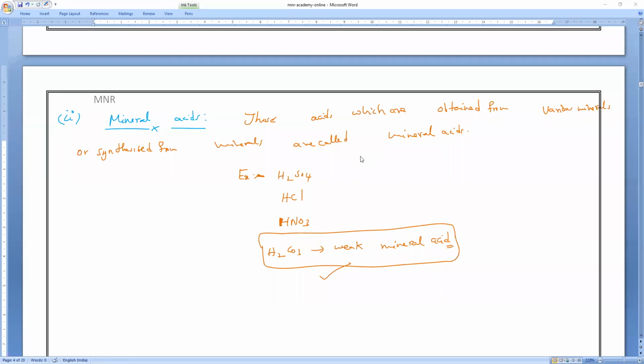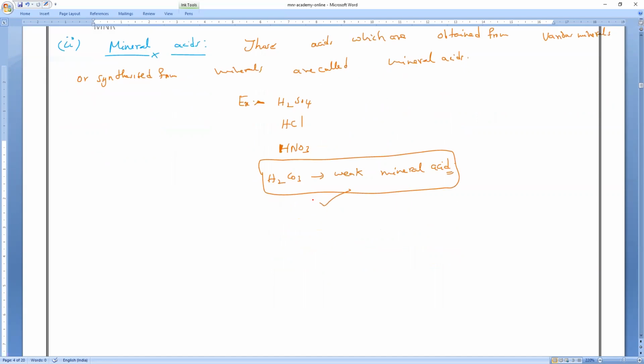To keep them from spoiling and to store them for a long period, they mix this acid with them. But other mineral acids are very dangerous and harmful to us, highly corrosive. The one and only mineral acid which is not harmful to consume is this one. Is it okay, guys? That is what you have to remember.